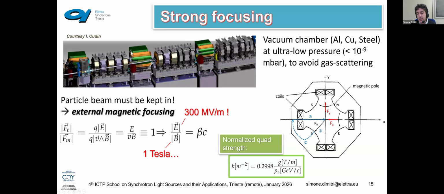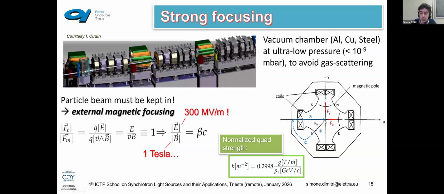Now, by construction, a quadrupole always generates a force which is focusing the electrons towards the center in one plane, but defocusing them in the other plane. So by construction, because of Maxwell's equations, there is no way of focusing the particle simultaneously in both planes.